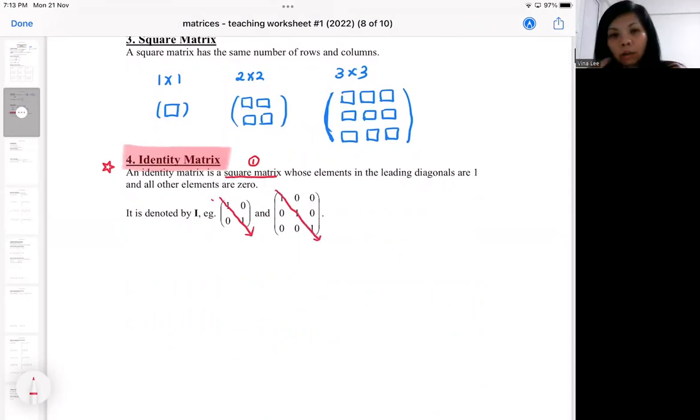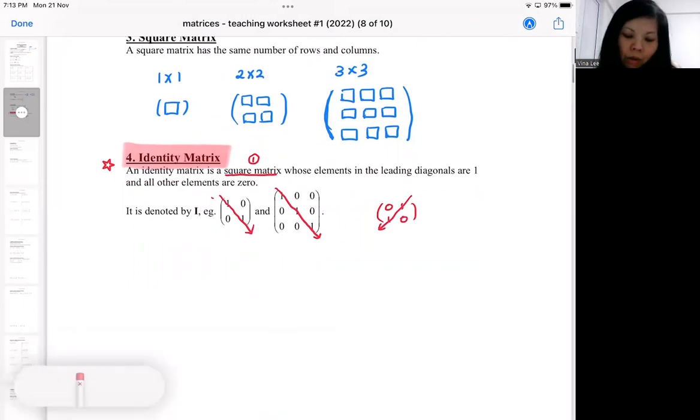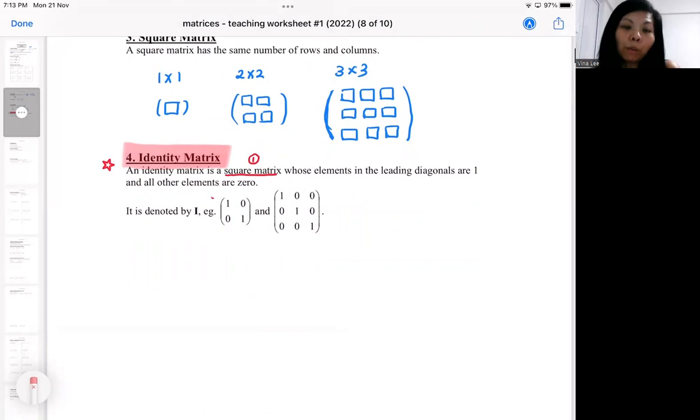The feature of an identity matrix is that the diagonal has element 1 and all other elements are 0. Can it be the other diagonal? No. In case some people think that this is an identity matrix, it is not an identity matrix. There are some questions they may ask you about identity matrix. Later on, we'll look at the kind of question after you know the basic operation of matrices.